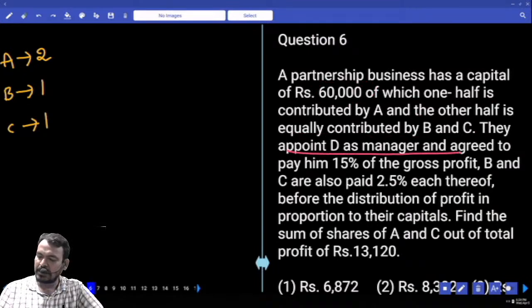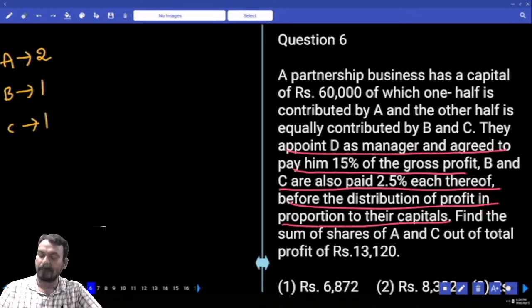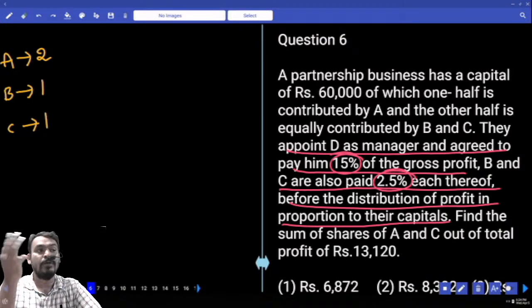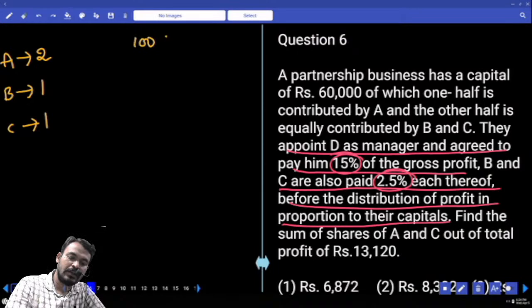They appoint D as a manager and agreed to pay him 15% of the gross profit, and B and C are also paid 2.5% each thereof before the distribution of the profit in proportion of their capitals. So D received 15% and B and C each received 2.5%. 15 plus 2.5 plus 2.5 is 20%. Suppose we consider the total profit as 100%.